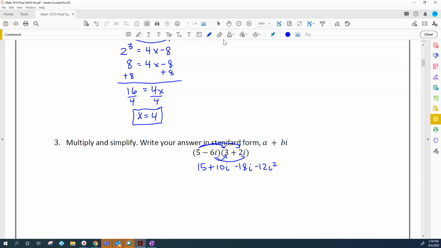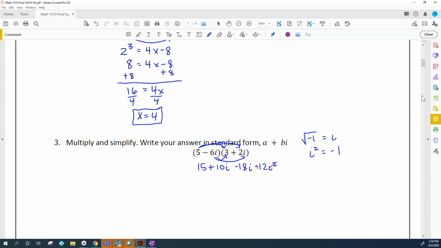And then remember, the one thing that you need to remember with imaginary numbers, well, there's actually 2 things, right? The square root of negative 1 is i, and i squared is negative 1. So wherever we see an i squared, we're going to replace it with a negative 1 so that we can simplify this more. So in place of this i squared, negative 1 is going to go there, and that really changes that to a positive.